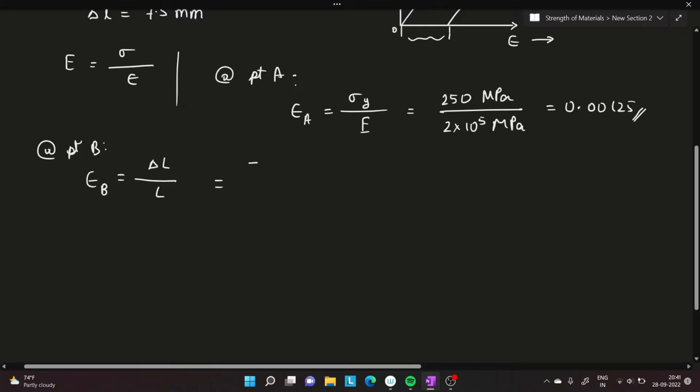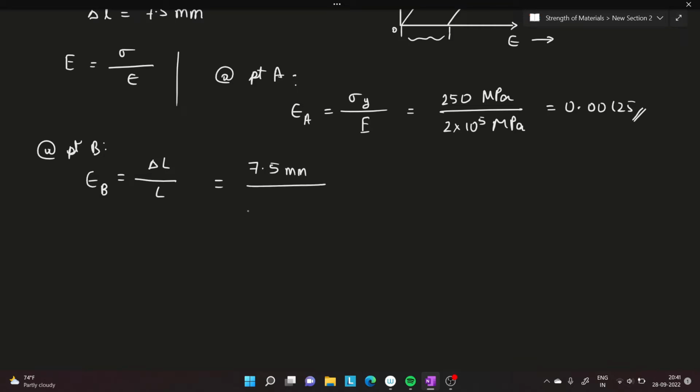The change of length is given as 7.5 mm, and the original length is given as 5 meters, that is 5 into 10 to the power of 3 millimeters. So millimeter and millimeter cancel out. I'm going to remain with 7.5 divided by 5000. So it will be around 0.0015.